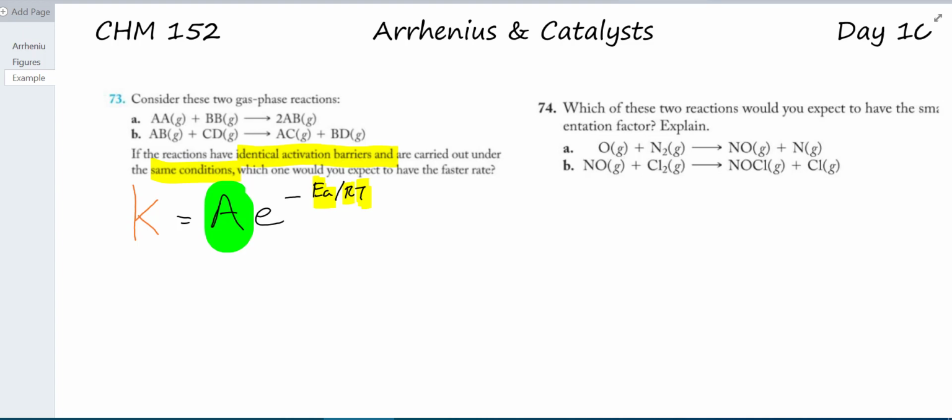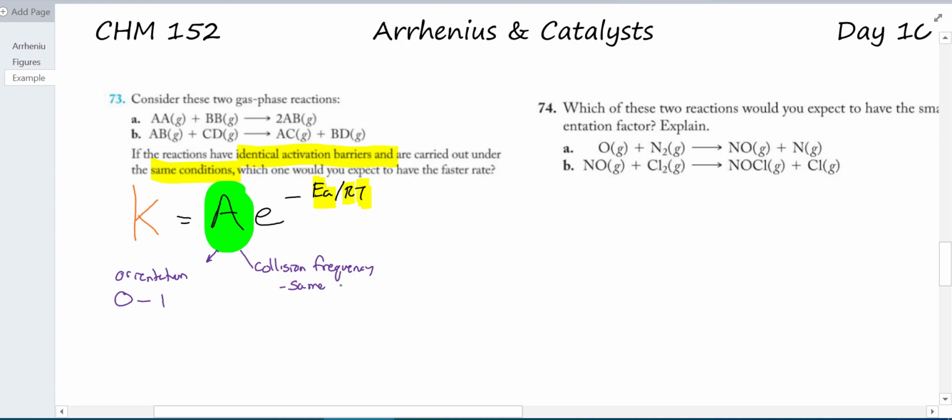So if we break down A into collision frequency and orientation factor from 0 to 1, where 1 is any orientation and 0 is strict, the collision frequency is probably going to be the same or similar for both reactions because they're in the same conditions.